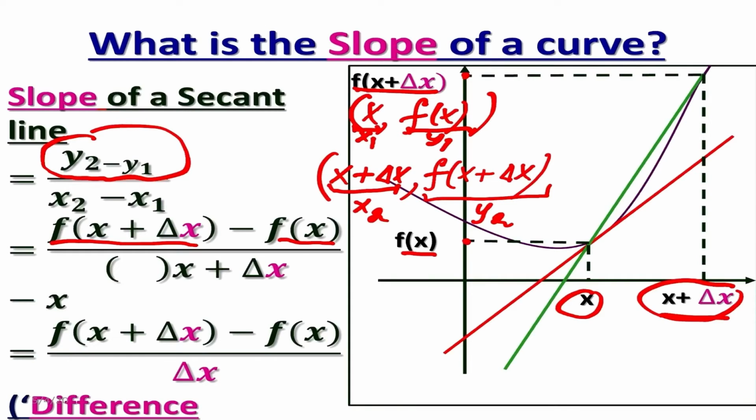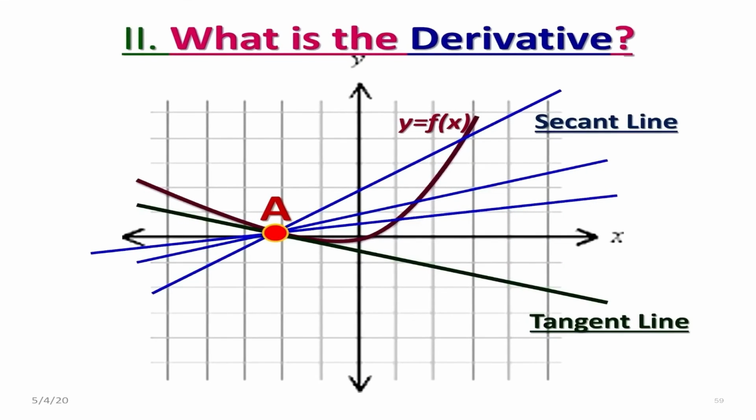This is your top. And your bottom becomes x2 minus x1. So x plus delta x minus x. So you cancel these x's, and you are left with delta x on the bottom. This formula is known as the difference quotient formula.